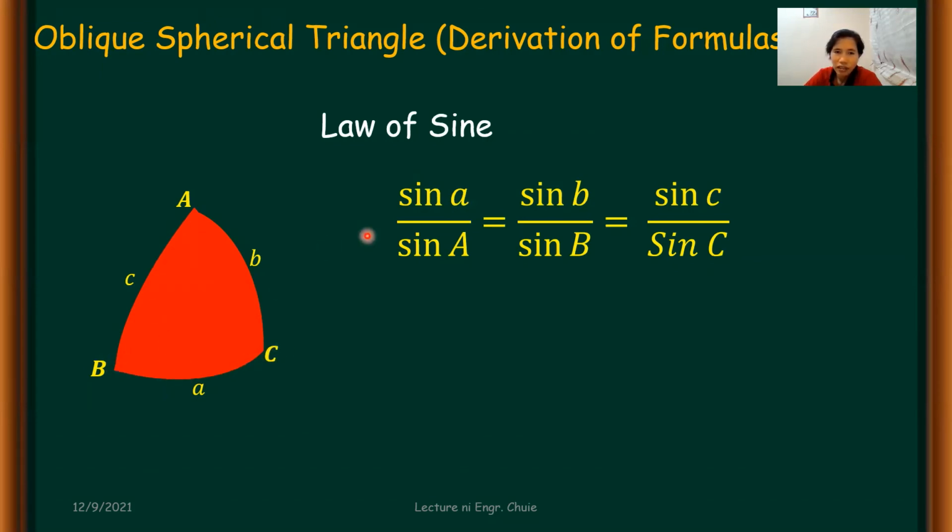B is in terms of latitude, and C also is a latitude, so these become sines. The capital letters A, B, and C are the included angles in the spherical triangle. This is just similar to the law of sine for plane trigonometry, but we have here the sine since it is in terms of the angle.